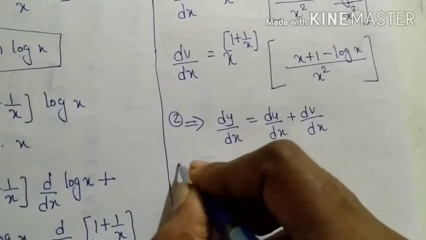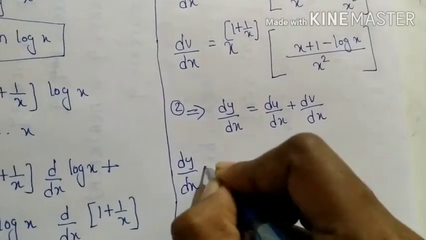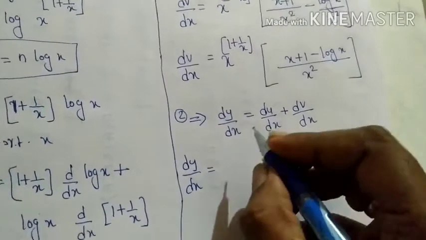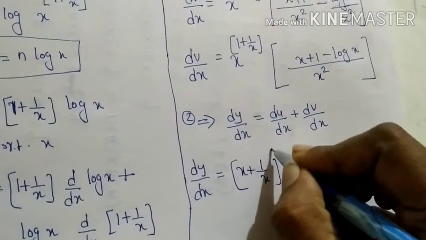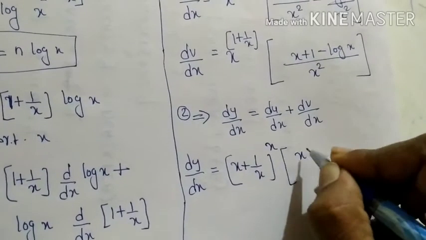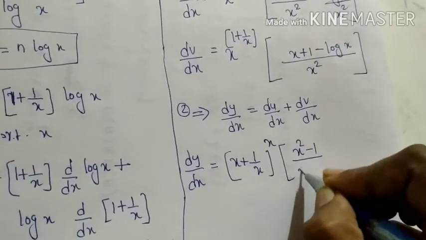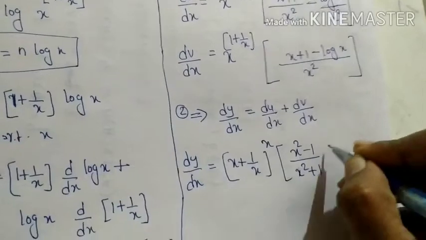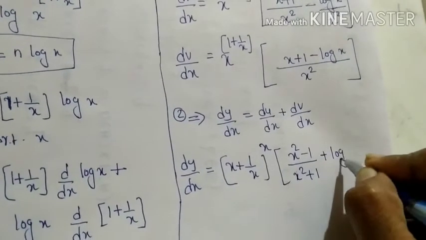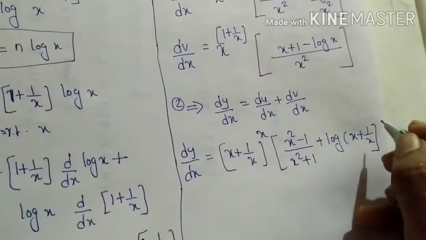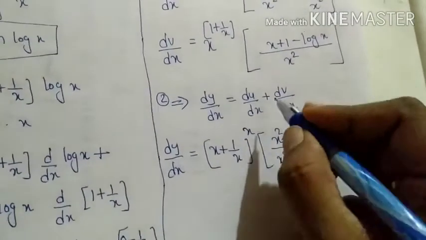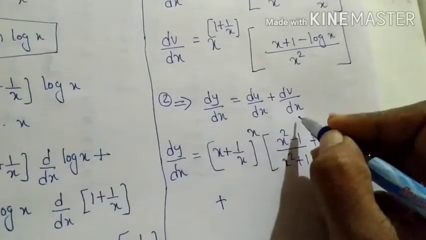So our dy by dx becomes du by dx, meaning x plus 1 by x whole raised to x into x square minus 1 divided by x square plus 1 plus log of x plus 1 by x, plus dv by dx.